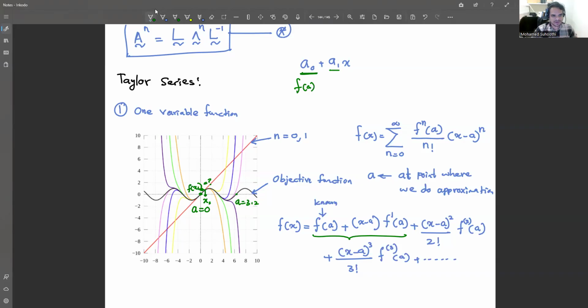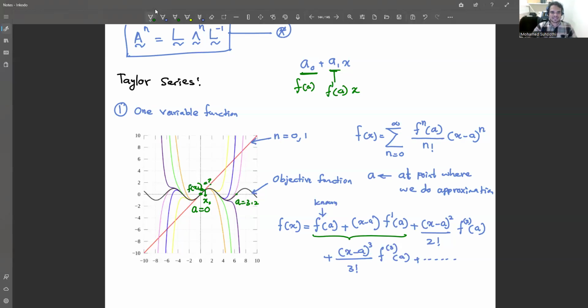So what is a1? a1 is my slope, x minus a into the slope at a, the gradient at this point. Then what is x? x minus a is x, right?